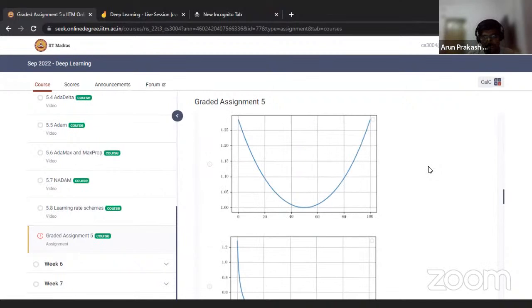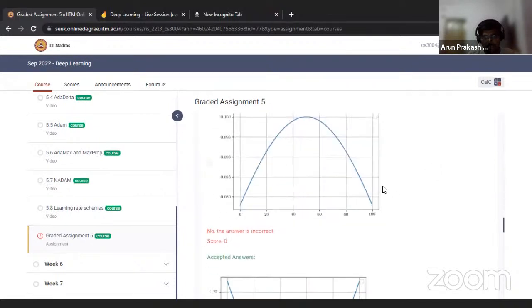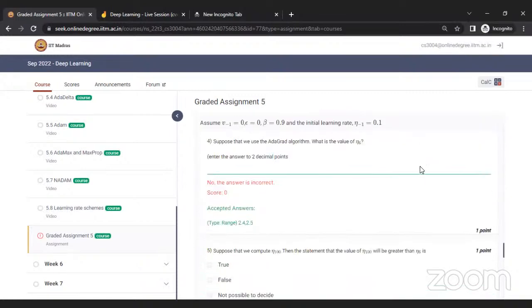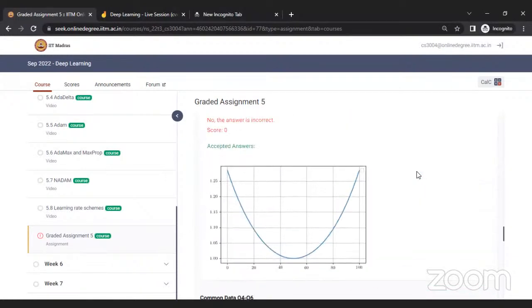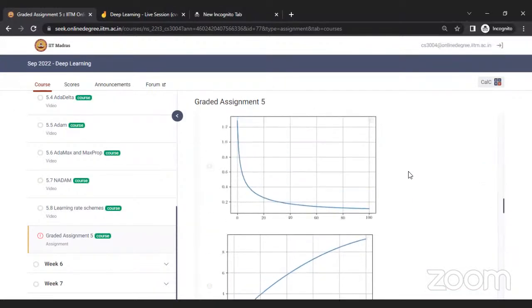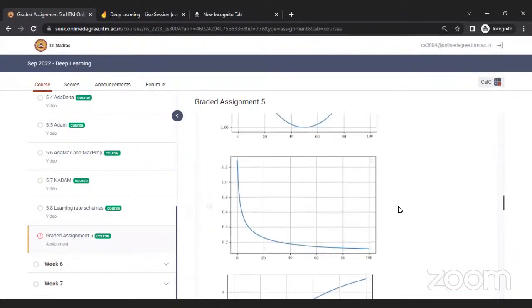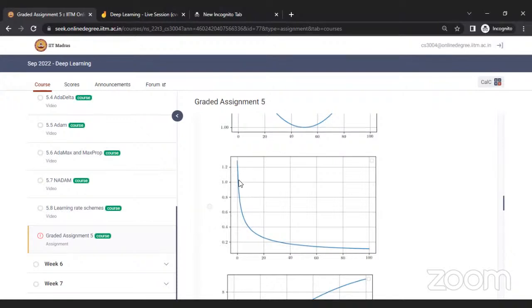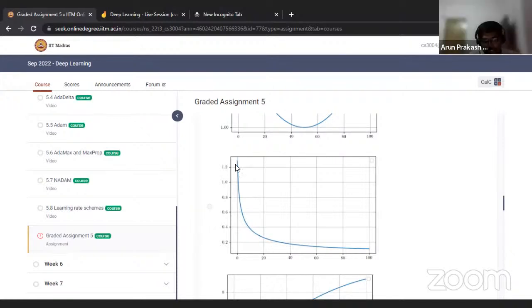Of course, for this question, this one is the right answer. It keeps decreasing, but unfortunately, this is not the right answer, by the way. So you are awarded 0 marks for that. We are re-evaluating.